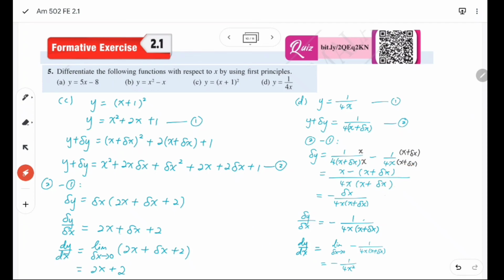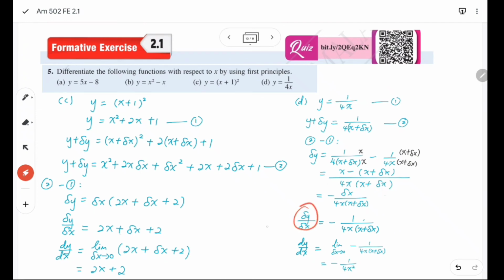Then for the numerator, I get x minus x plus del x. So after simplifying, we get negative del x over 4x times x plus del x.